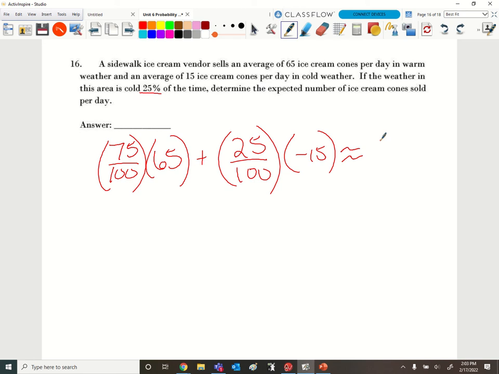Do you have it on the calculator? Yours says 65. That's why. It should be 25. Okay. So 45 is it. All right, you got to be careful. Got to double check your work, right? So on average, I should sell about 45 ice cream cones per day.